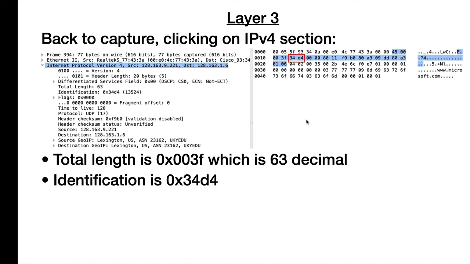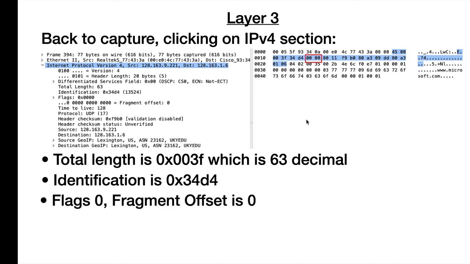The next thing we have is the identification field, which is used to uniquely identify the packet. Next we have fragment offsets. Both the flags are 0 and the offset is 0, which means we did not fragment, or this is not a fragment of a packet.